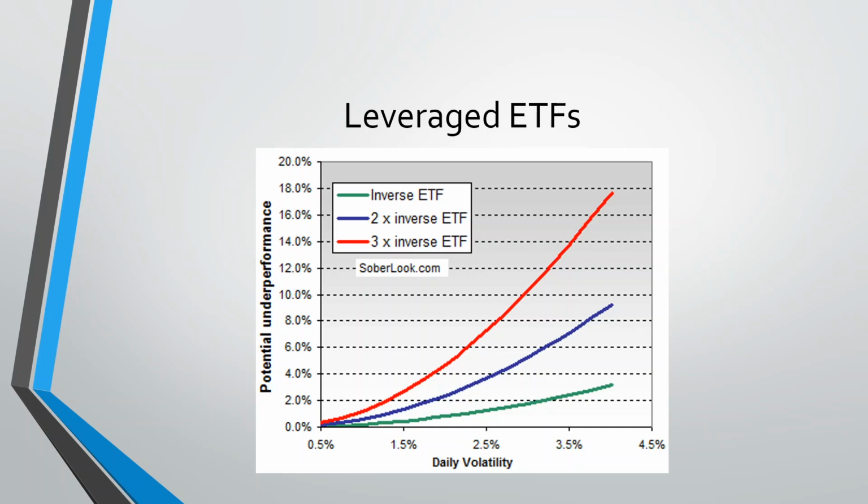But a leverage ETF, like three times, will go up to like 6%. It makes it higher risk and higher reward. So you can get 1% or 2% on the day more quickly and more easily, but you have to keep in mind that on the other hand, you can also lose 1% to 2% more quickly and easily. So that's something to keep in mind when you're trying to trade these leverage ETFs.